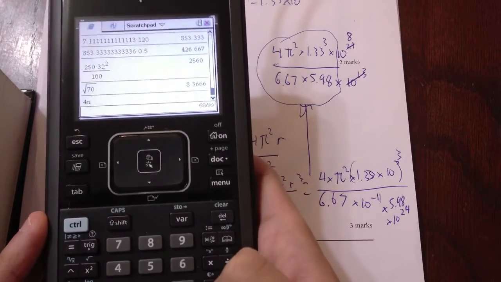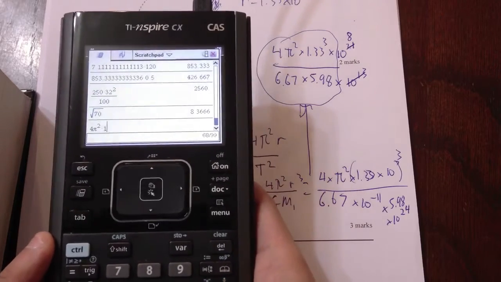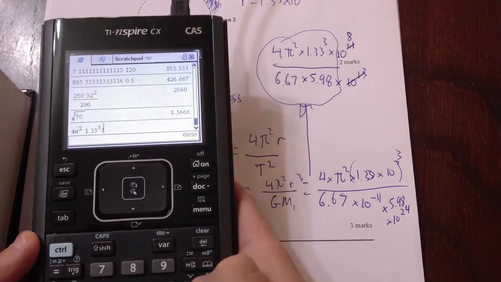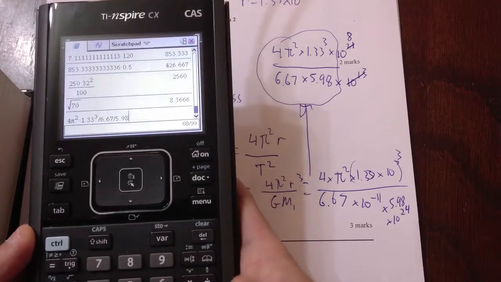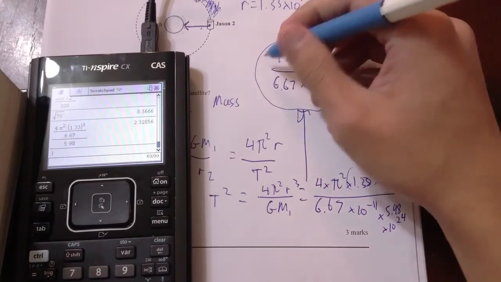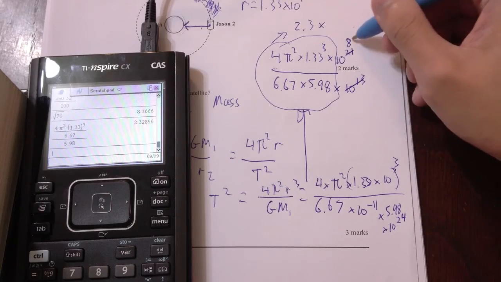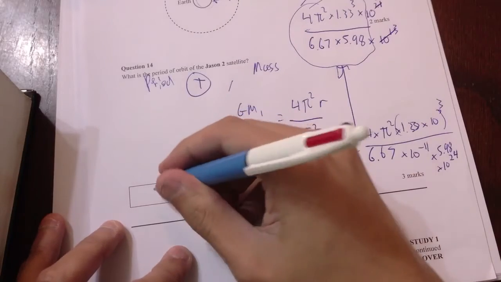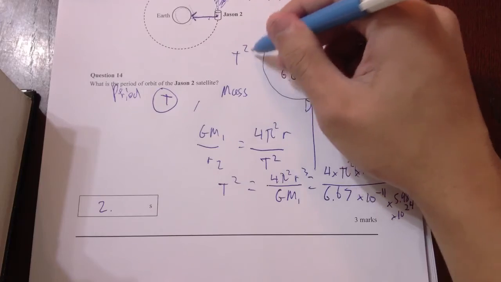4 pi squared times 1.33 to the power of 3, divided by 6.67, divided by 5.98. And that gives us 2.3 times 10 to the 8. That's our time. Oh wait, that equals T squared.